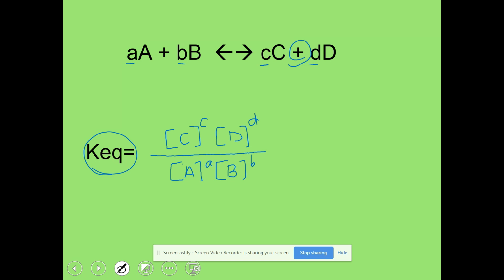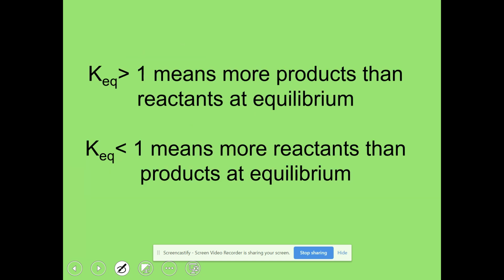So first we're going to practice writing those expressions, and then we're going to practice actually performing some calculations with those expressions. When you do calculations at equilibrium, it doesn't mean that there's half products, half reactants.